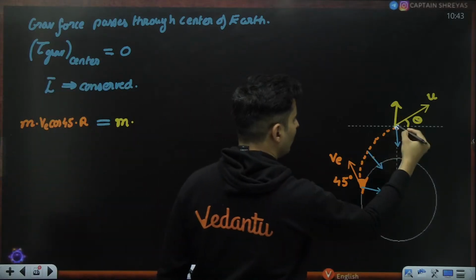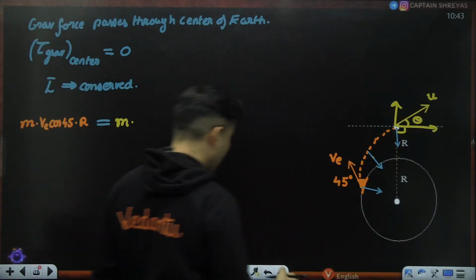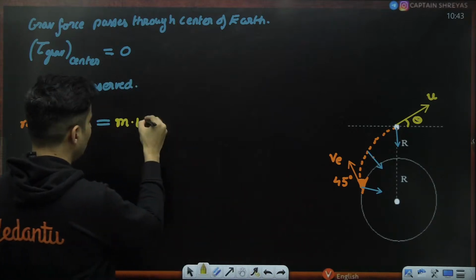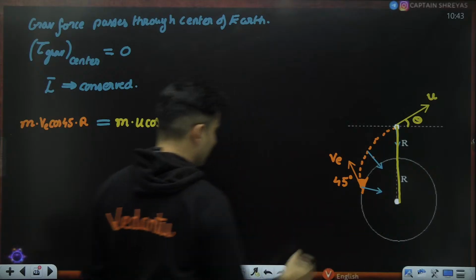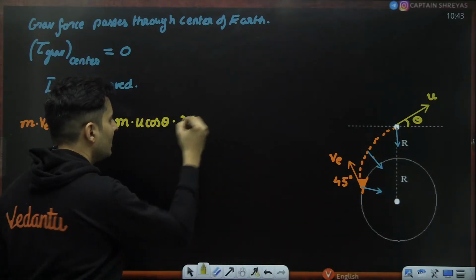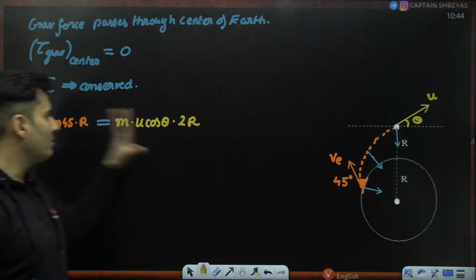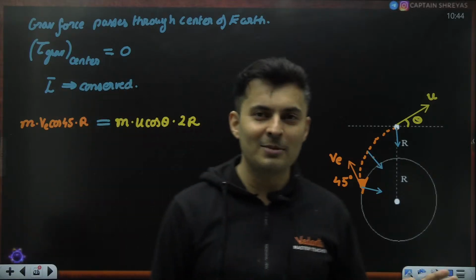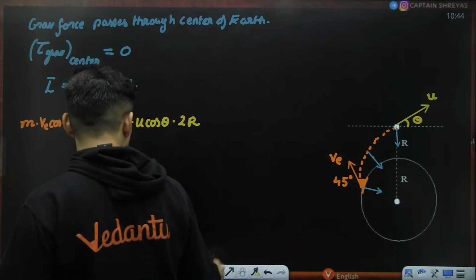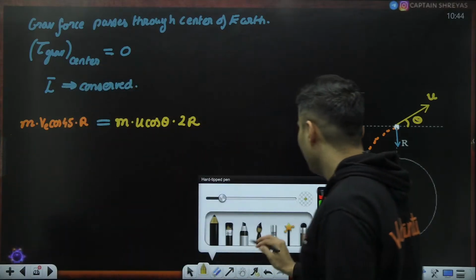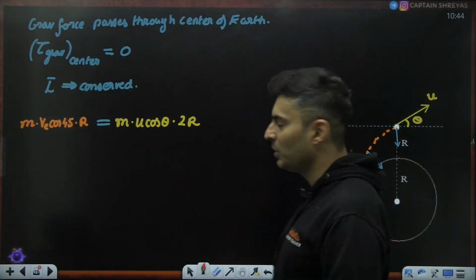Do not take this component, only take the perpendicular component, which is u cos theta, multiplied by the distance, which is nothing but 2r. That is what it is. Is this absolutely understood? So angular momentum conservation is involved in this particular question, which is a beautiful aspect. Very tricky to think, guys.